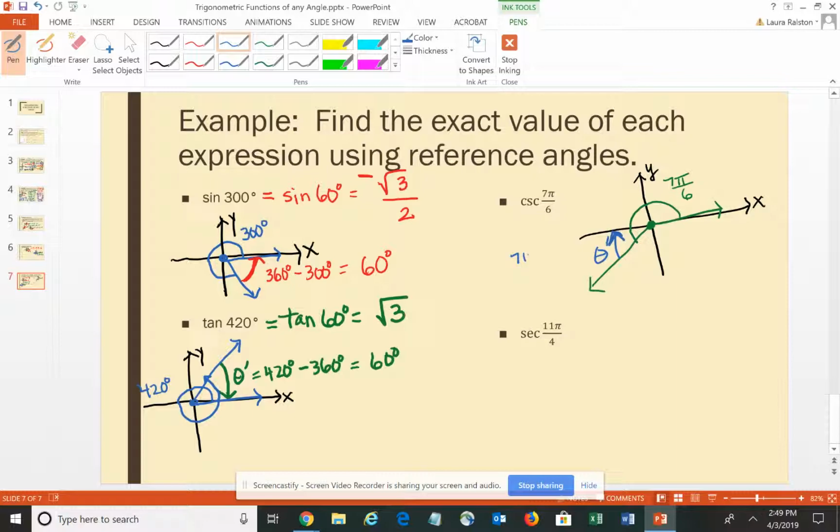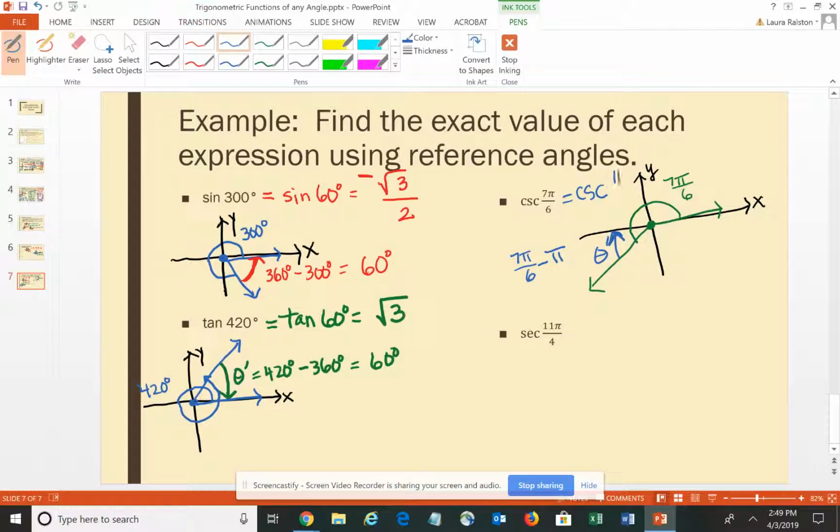So if I take 7 pi sixth minus 1 whole pi, that gives me pi sixth. So the cosecant of 7 pi sixth is the same as the cosecant of pi sixth.